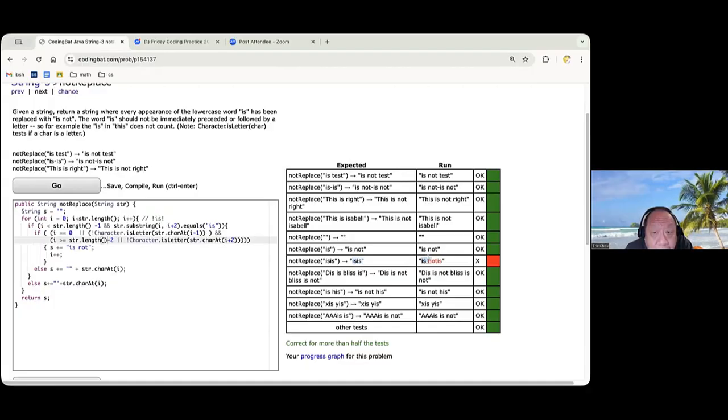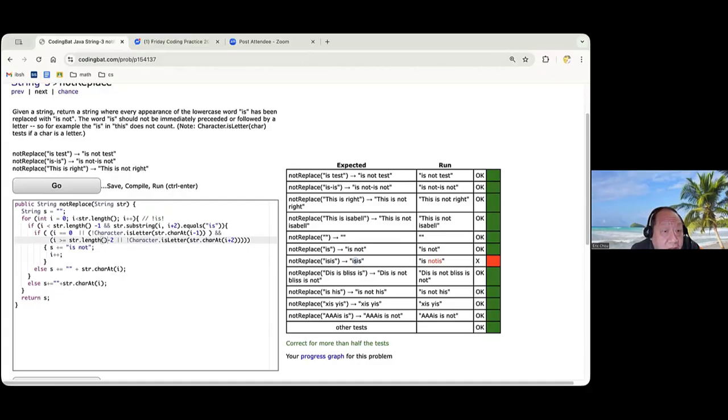So the first one still changed to is not. That's the problem with the first one. First one still changed to is not. First one, I equals 0. Okay, I equals 0.